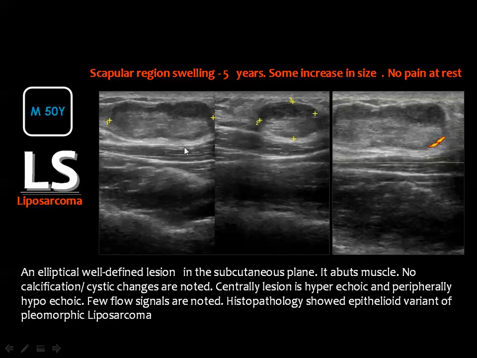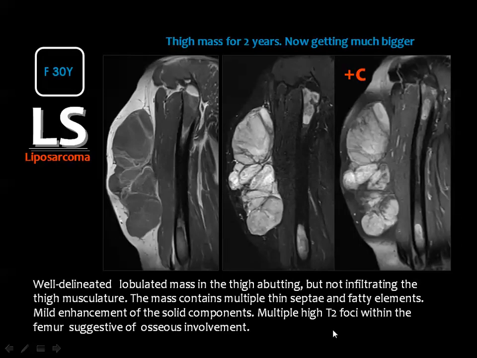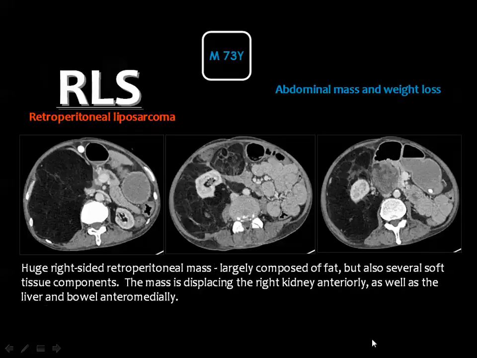And if you see a mixed echogenicity, hypo and hyper, and some vascularity on Doppler imaging, then you should think of liposarcoma. And this is another example, T1, T2, and T1 post contrast. You see significant contrast enhancement on this T1 fat suppressed image. This is liposarcoma.